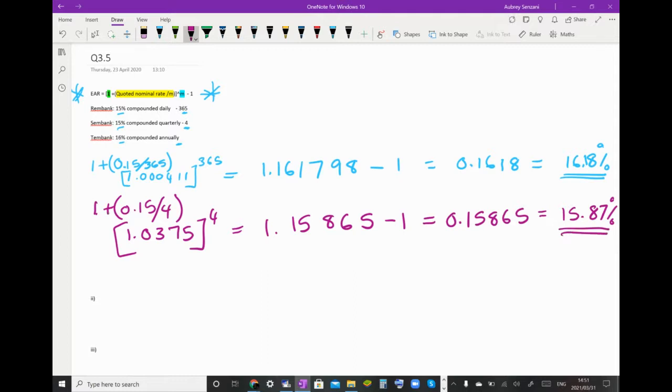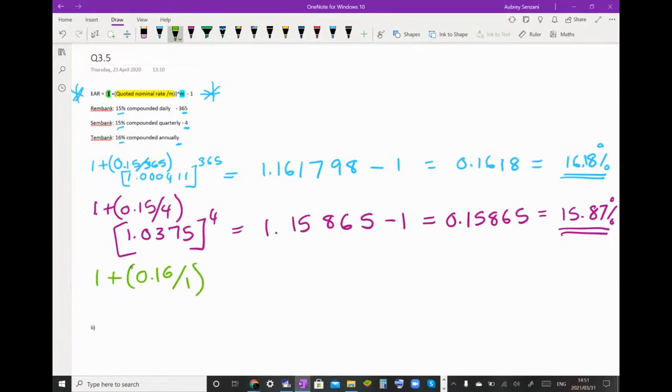And then the last one, almost there, guys, almost done. We're then saying 1 plus 0.16, but this is divided by 1 because it's annual.